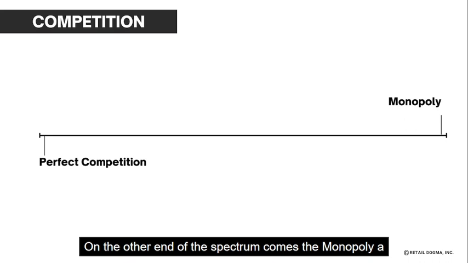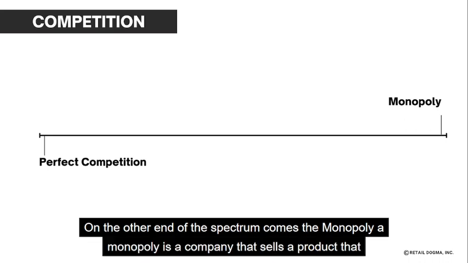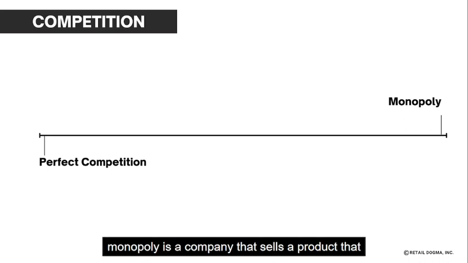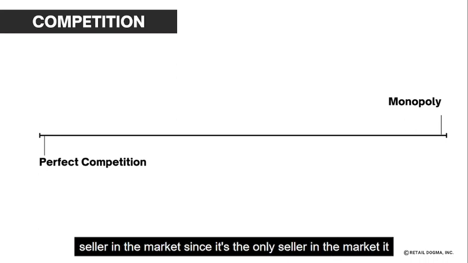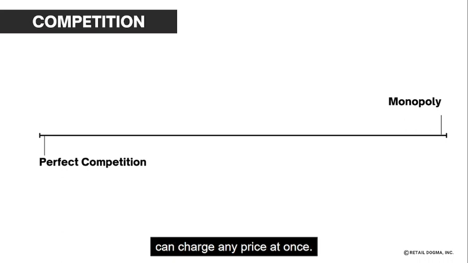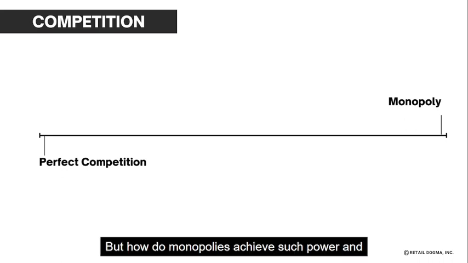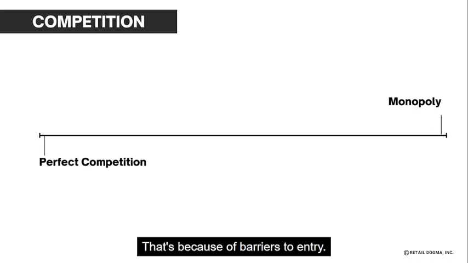On the other end of the spectrum comes the monopoly. A monopoly is a company that sells a product that has no substitutes, and it's the only seller in the market. Since it's the only seller in the market, it can charge any price it wants. But how do monopolies achieve such power? And why isn't anyone entering the market to compete with them? That's because of barriers to entry.